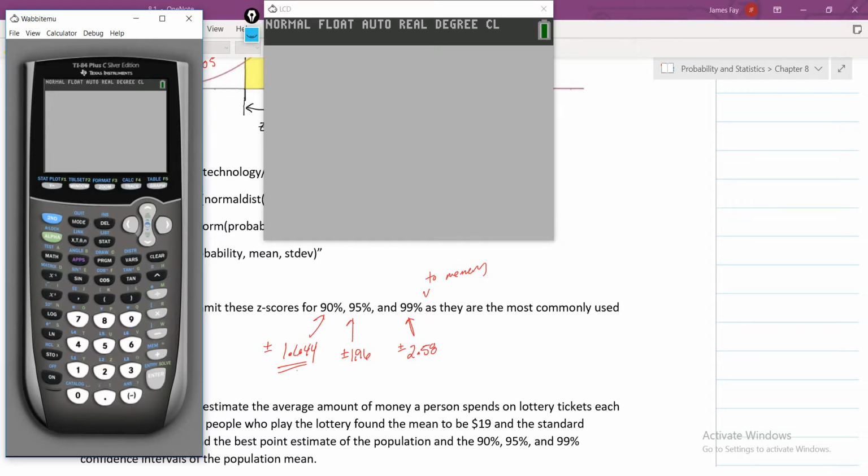It's going to say INV norm, open a parenthesis, and I think on the older versions, all you have to do is type in 0.05 and hit enter, and it will give you that, because it's assuming that your mean is 0 and your standard deviation is 1 when you're using that command, so you don't need to put those in.